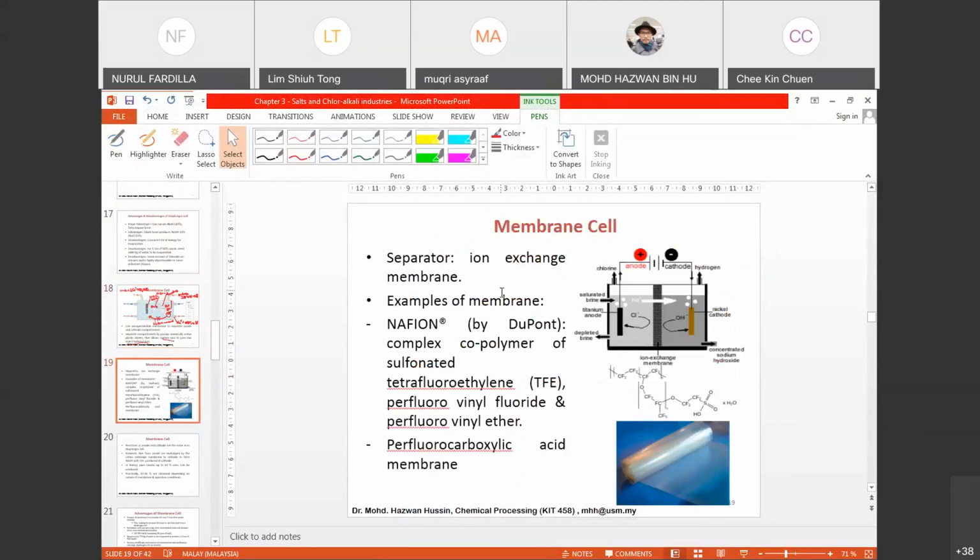All right, for the separator, it uses an ion exchange membrane. An example of the membrane used is Nafion. Nafion is a well-known conducting polymer produced by DuPont.